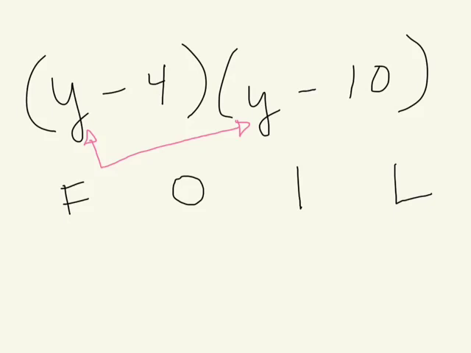Outside are the outside terms when they're written like that. There's an outside term, there's an outside term. As you can see, they're outside of the binomial.